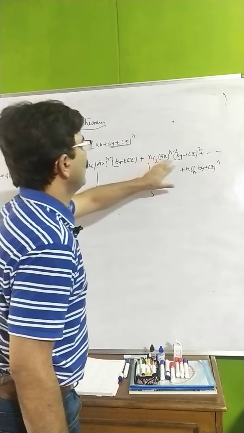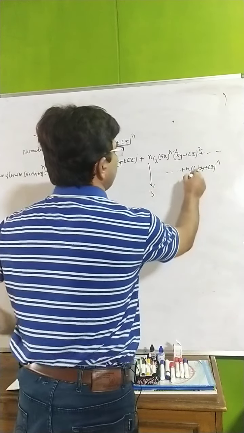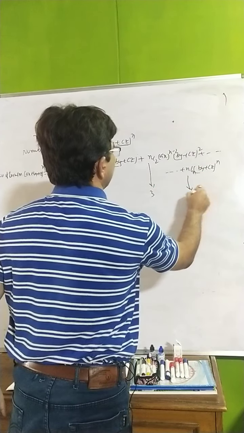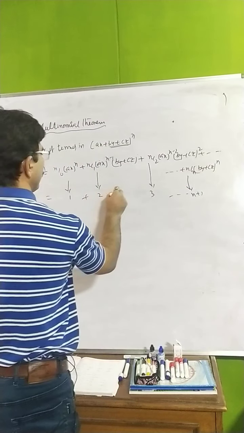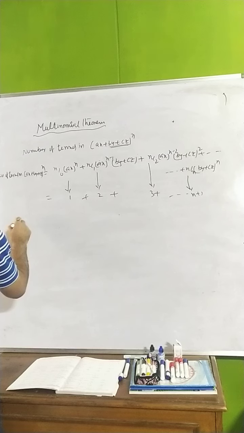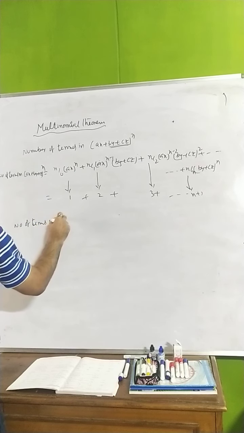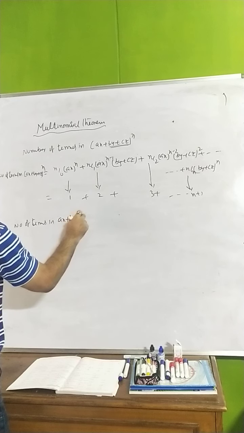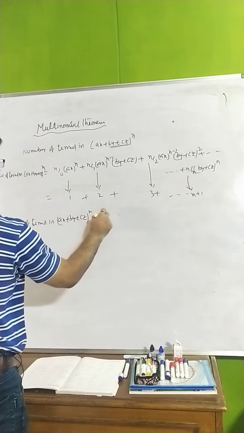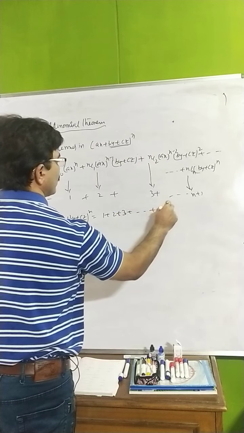So now you see how many terms are there? 2 is there means 3 we are writing. So n is there means we can write n plus 1 terms. So, plus so on like this. So the number of terms in (ax + by + cz) to the power of n is 1 plus 2 plus 3 plus so on plus (n + 1).